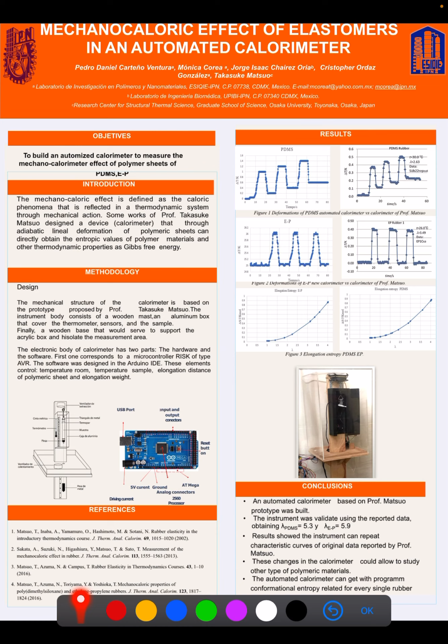That's why we concluded that an automated calorimeter based on Professor Matsuo's prototype was built, and the instrument was validated using the reported values, obtaining lambda for PDMS of 5.3 and lambda for EP of 5.9, and results showed that the instrument can repeat characteristic curves of the original data reported by Professor Matsuo.